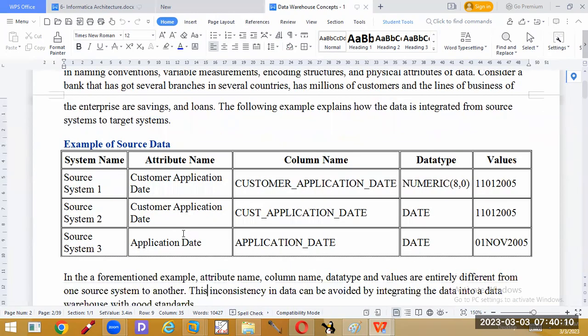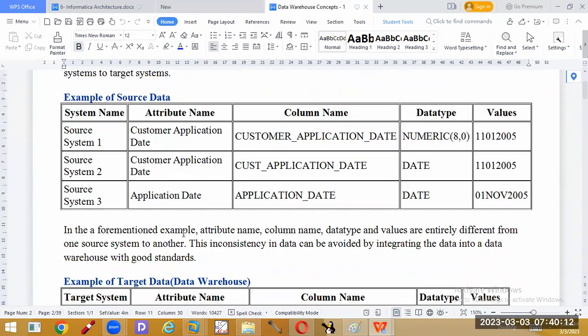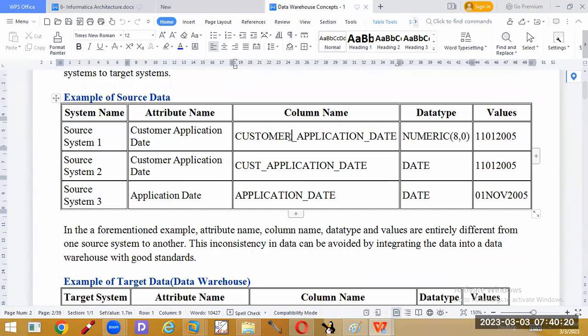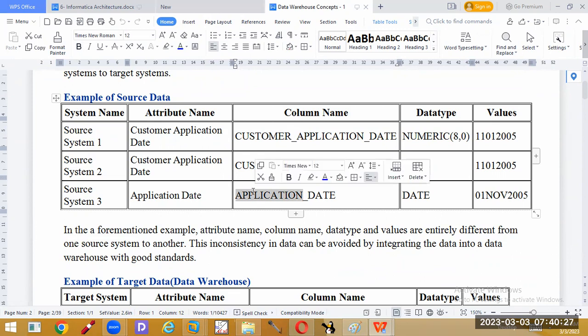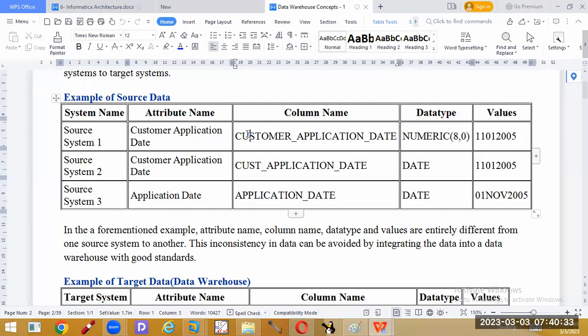Source system 1 is a customer application, so a column name would be designed as customer application date. In source system 2 the name can be different, right? Based on each member, how the data is given and what the data type is will be designed accordingly.